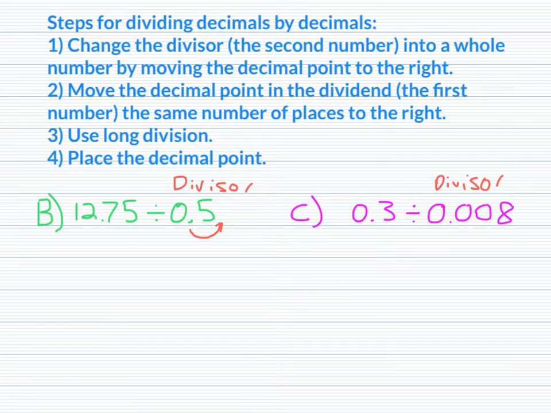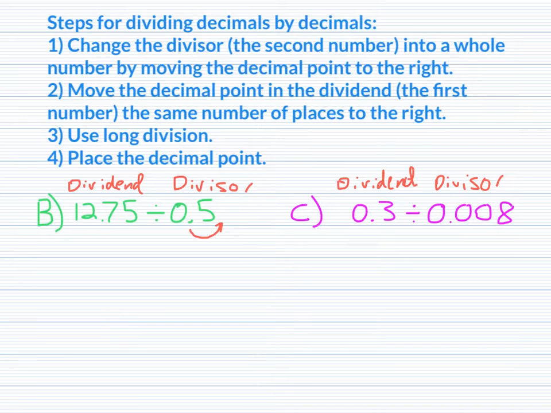The second step is we move the decimal point in the dividend. That's the first number. So this is the dividend right here. We have to move that decimal point to the right the same number of spaces.